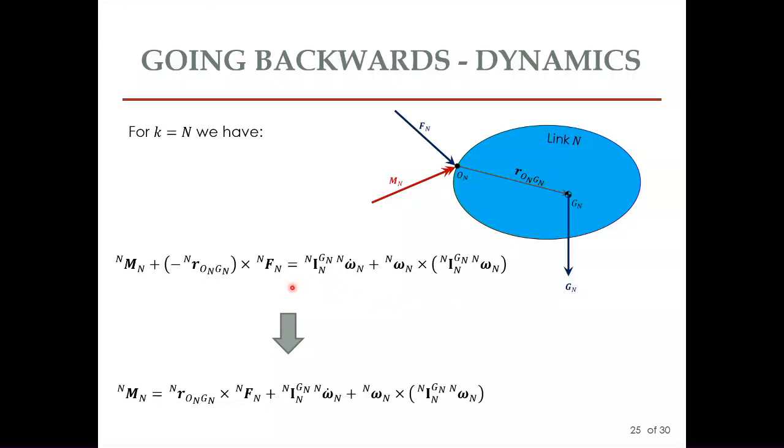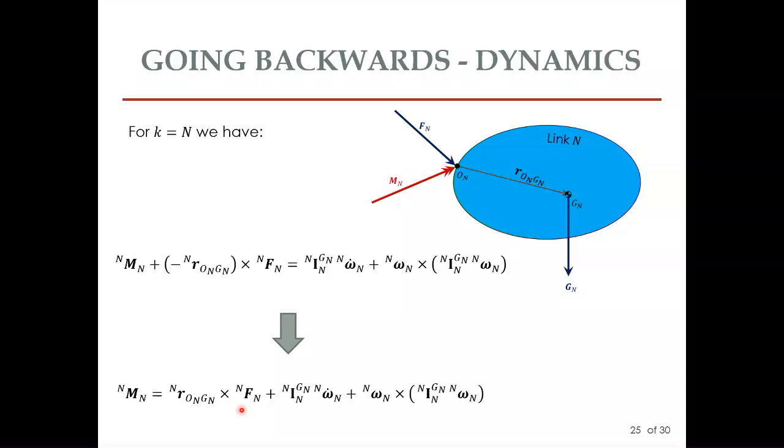And from this one, what I can do is isolate this Mn, which is the moment acting on this link by the previous link, through the joint On. And you can see that it depends here on this Fn. So this Fn appears here as I isolate my moment, but it was already isolated. So you can substitute it here. You should substitute it.